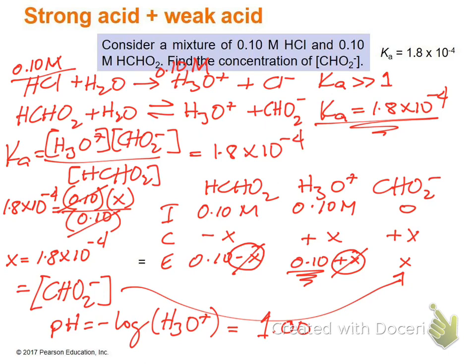So if you were to determine the pH of a 0.10 molar hydrochloric acid, you get the pH also equal to 1. So the hydrochloric acid is dominating the weak acid here, right, in terms of the concentration of hydronium ion.